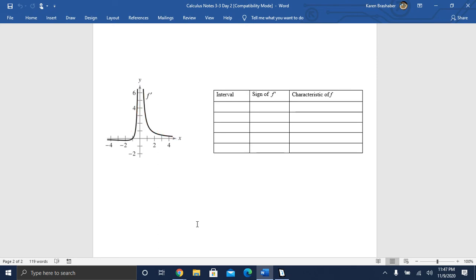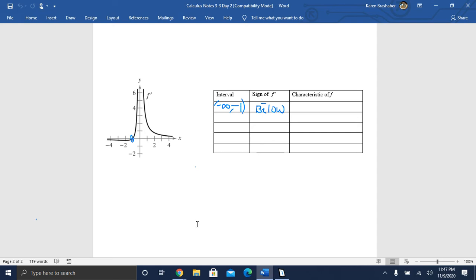So again, we're looking at f prime. Until we get to -1 right here, so from negative infinity to -1, that graph is below the x-axis. Just barely, but it is below.